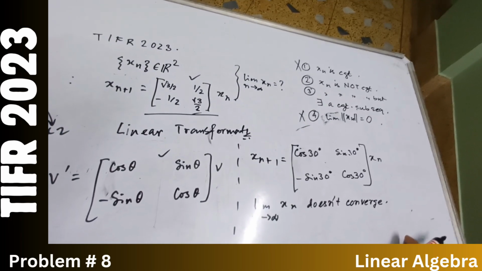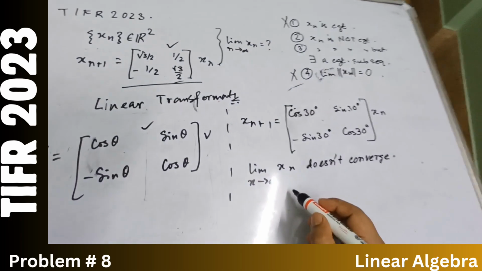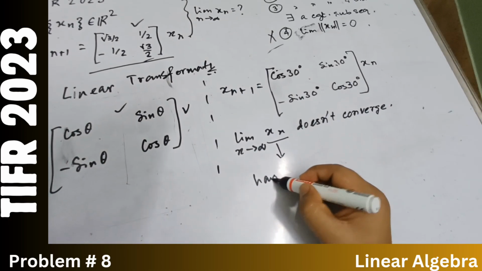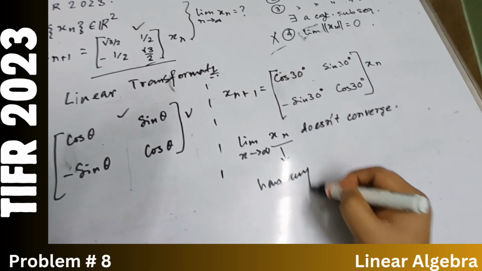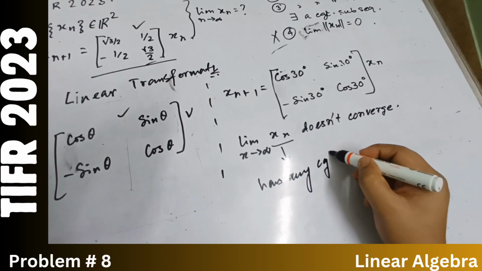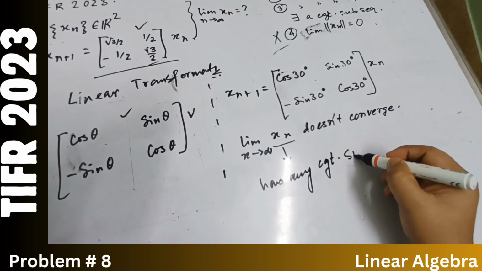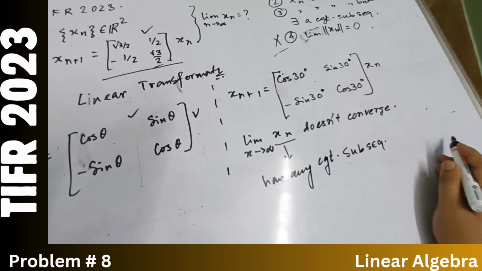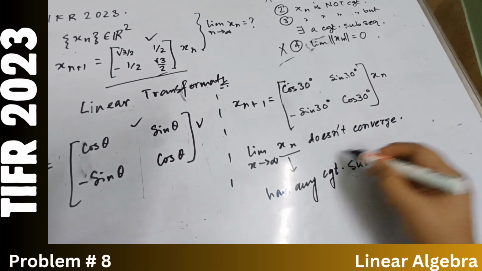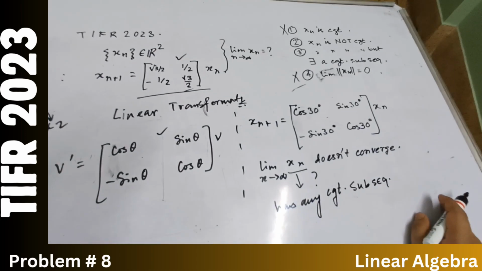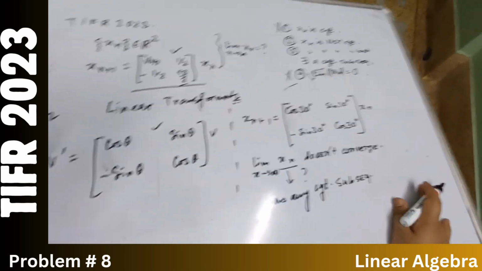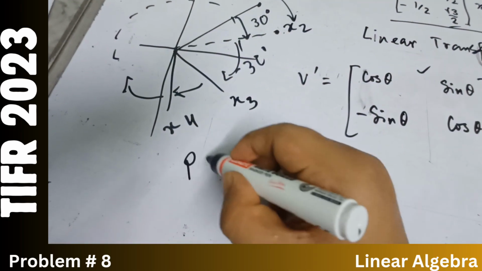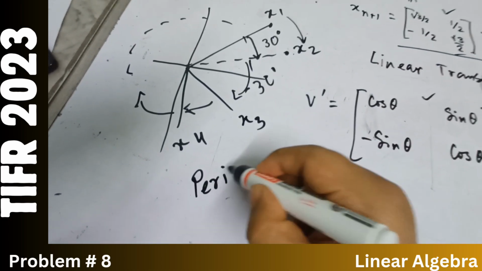Now the question is, does the sequence xn have any convergent subsequence? Yes or no? Since it's a rotation, you can say that this is a periodic motion.